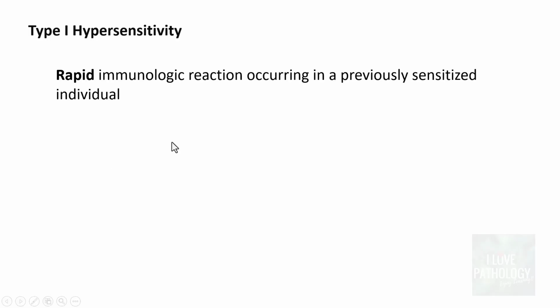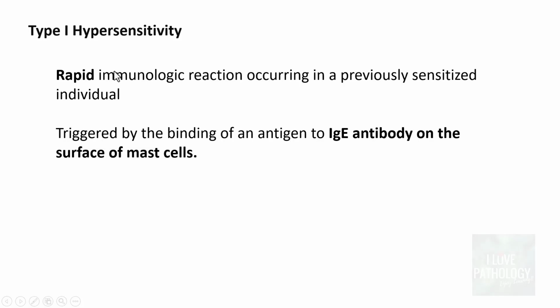This is a rapid immunologic reaction occurring in a previously sensitized individual. Now, why does this immunological reaction occur? How is it triggered? It is triggered by binding of an antigen or an allergen to IgE antibody on the surface of mast cells.